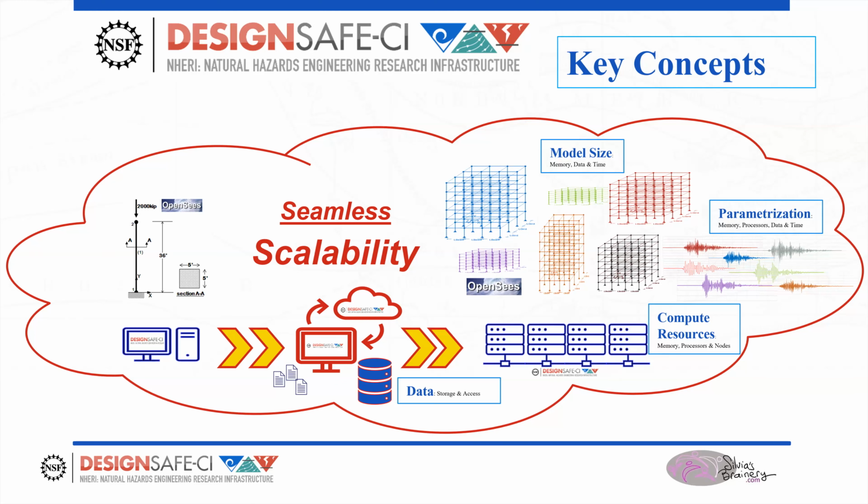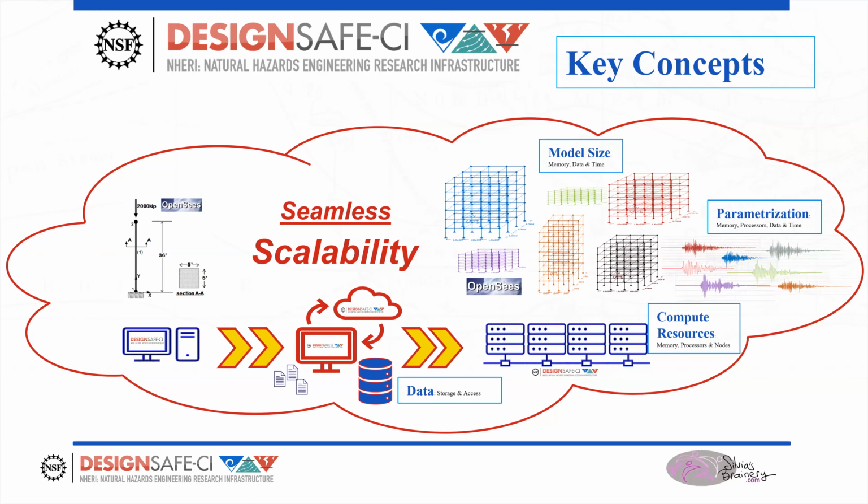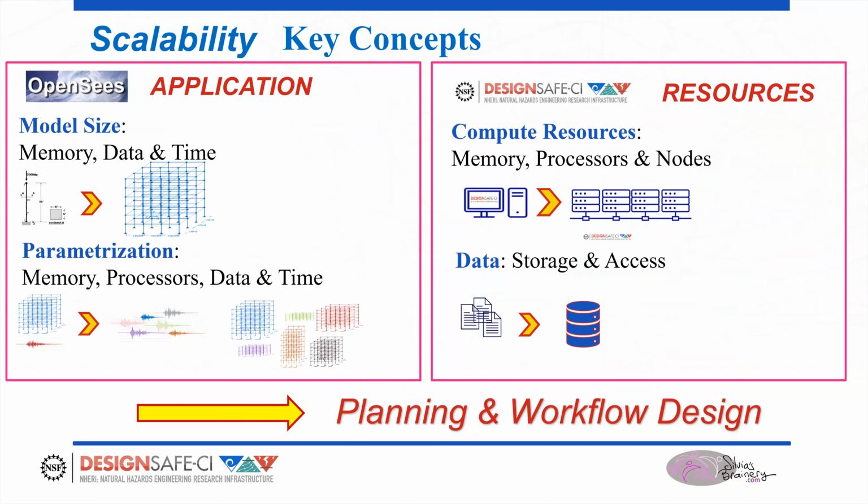And so these 4 different concepts, we can almost group them between your application and your resources, right? So the model size and the parameterization, that's something that you're running. So which OpenSees is really the optimal version of OpenSees that I can use, or optimal application, as well as your resources is, on the other hand, what computer resources do I need at each stage of my model.